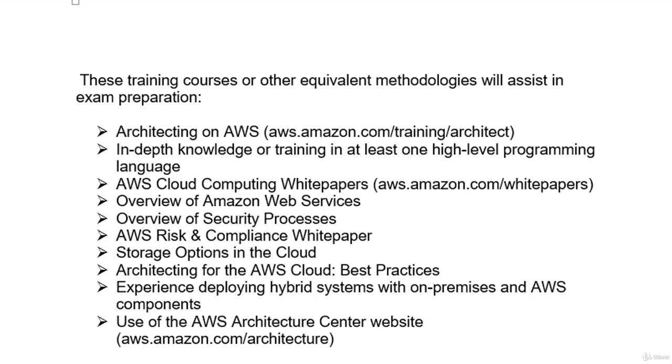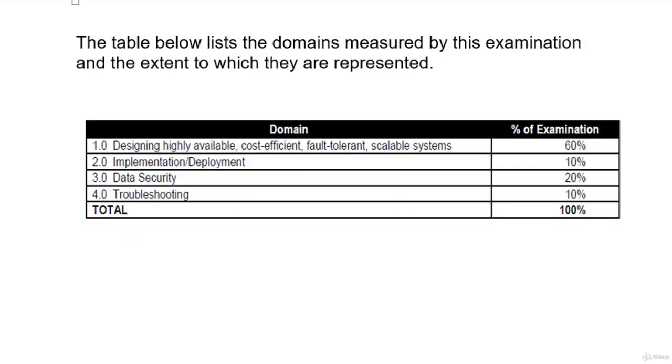of the AWS services. The list below this table will tell you the domain and what percentage of questions will come from that particular domain. So if we see designing highly available, cost efficient, fault tolerant, and scalable systems, if we focus on this domain, we will be able to cover 60% of questions in the examination.